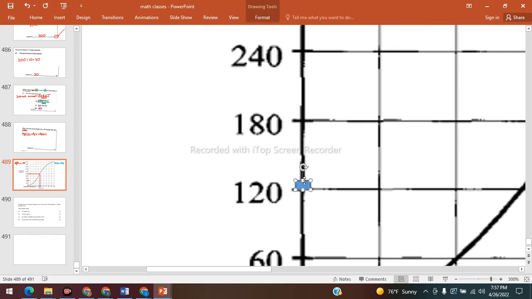Let's see if that works. I think a little bit bigger. 3, 4. So a little bigger would work. That should be it.